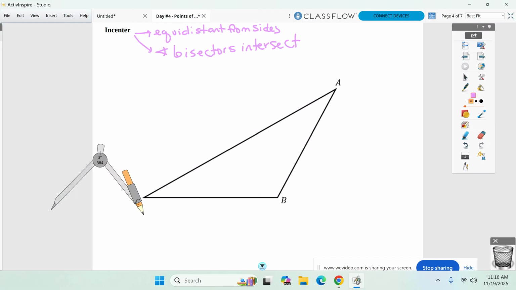Incenter, let's see it. Angle bisectors now. Should be three small arcs.